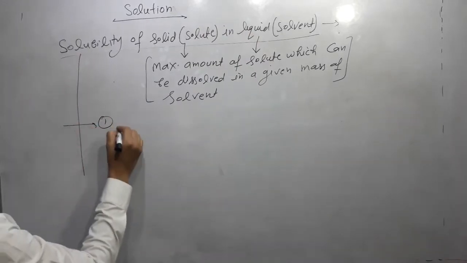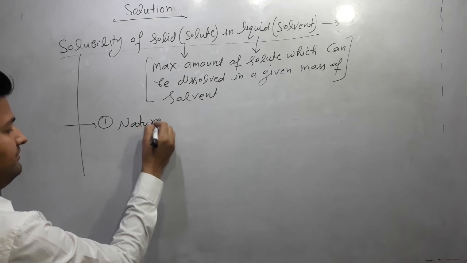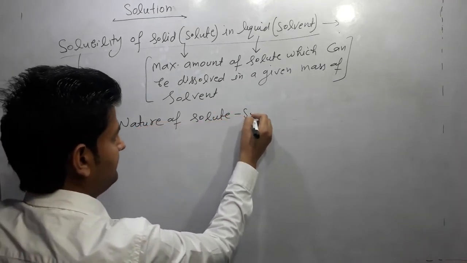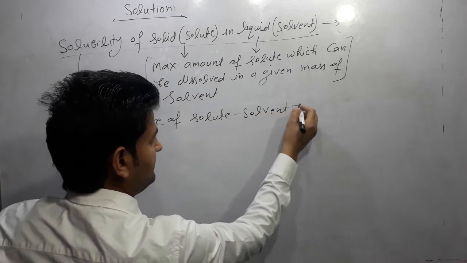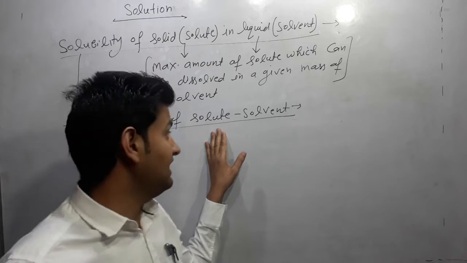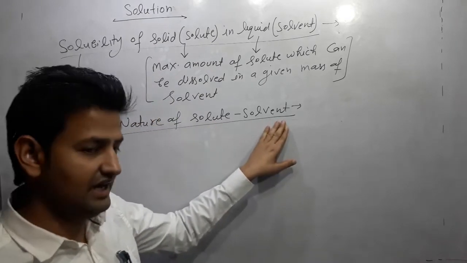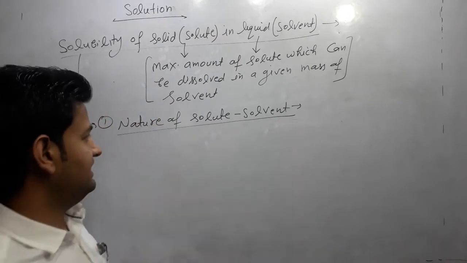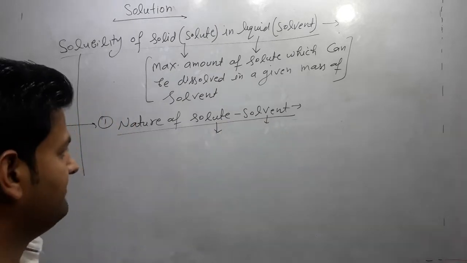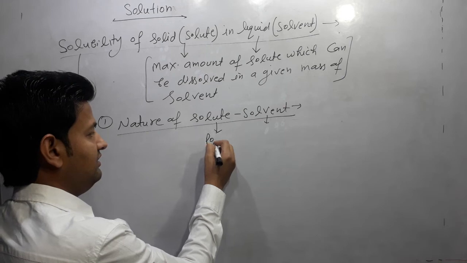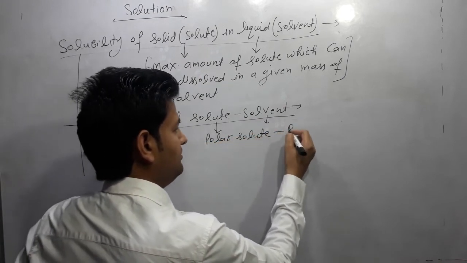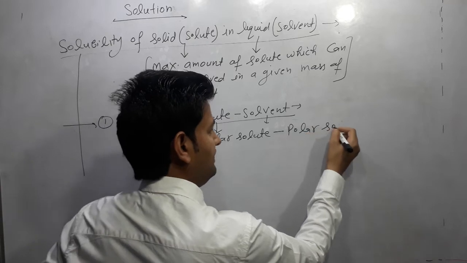The first factor is the nature of solute and solvent. What do you mean by nature of solute and solvent? It means like dissolves like. Solute and solvent should be of similar nature. That is, a polar solute will dissolve in a polar solvent.